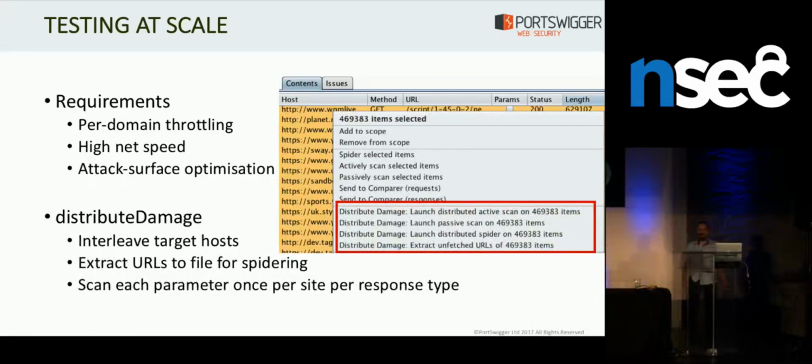And in order to do this in a reasonably efficient way, I wrote an extension for Burp Suite called Distribute Damage, which implements a per host rate limit so that you can be scanning 50 servers at the same time, but each given server will only see requests coming in at like 1 per second or 1 per 3 seconds. Just to be polite and avoid knocking stuff offline.